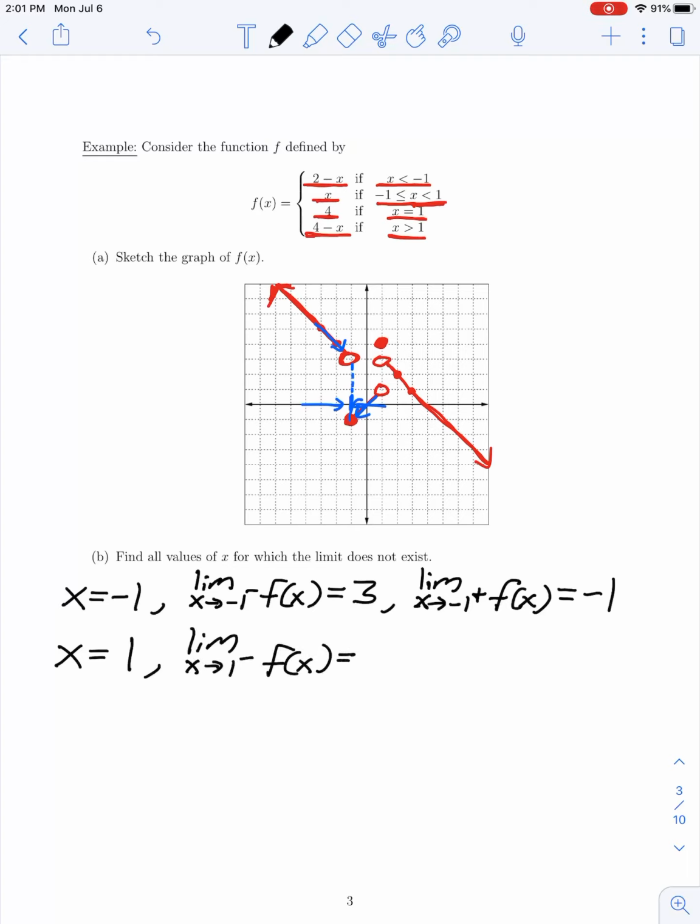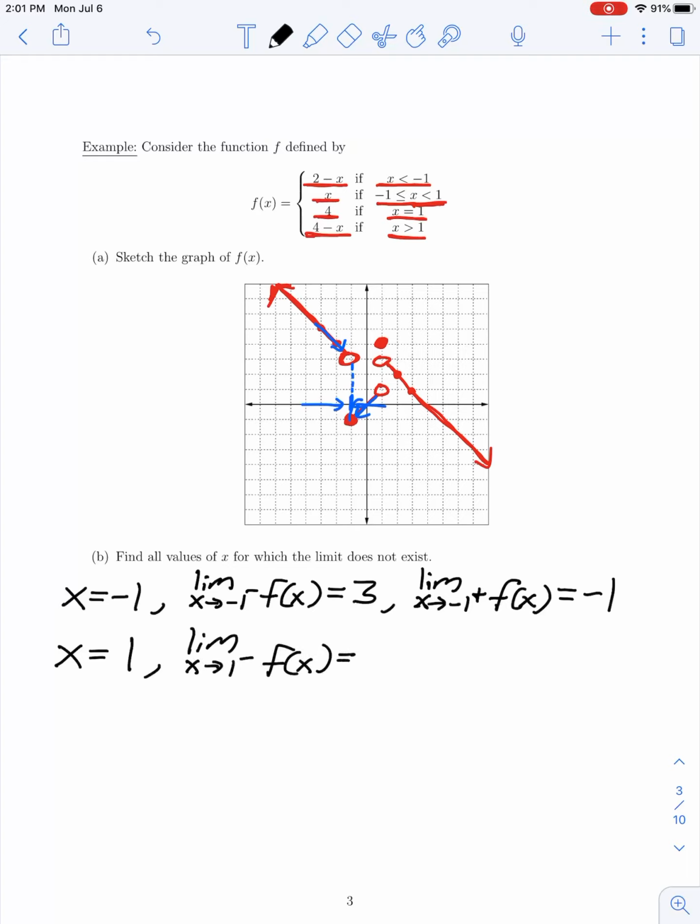Now, if we weren't sure what the graph looks like, we could also consider this by looking at a table of values. So let's say that we have x and 1 over x minus 3. So we want to take values of x which are approaching 3 from the left.